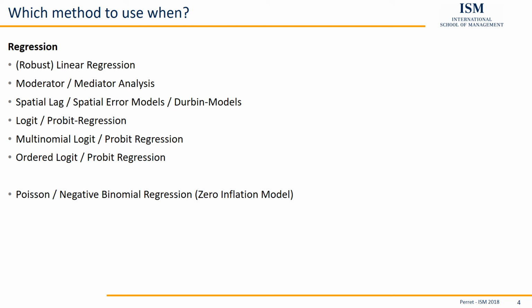And that's also possible in a more general version. That's what we call Tobit models or censored regression models, where a certain part of your distribution is just cut off, is not possible.